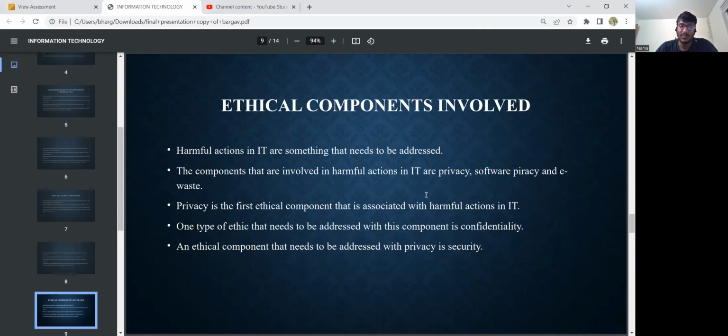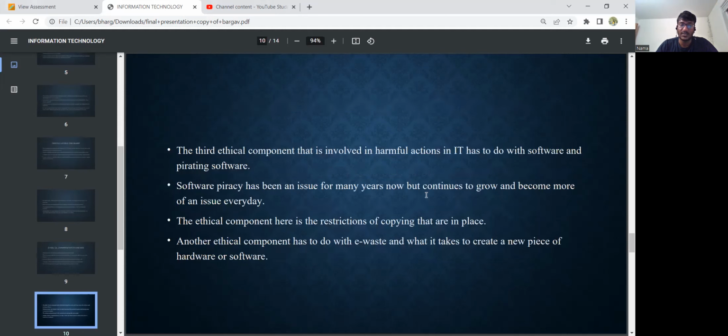Ethical components involved. Harmful actions in IT are something that needs to be addressed. The components involved in harmful actions in IT are privacy, software piracy, and e-waste. Privacy is the first ethical component associated with harmful actions in IT. One type of ethics that needs to be addressed with this component is confidentiality, an ethical component of security.